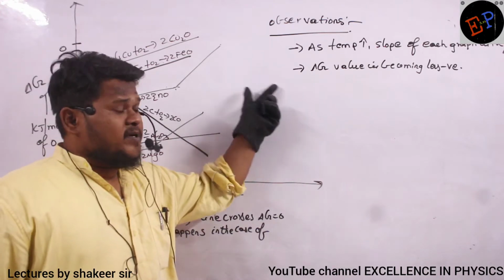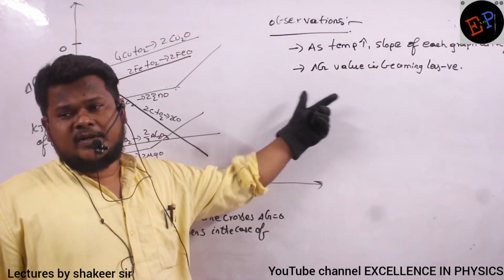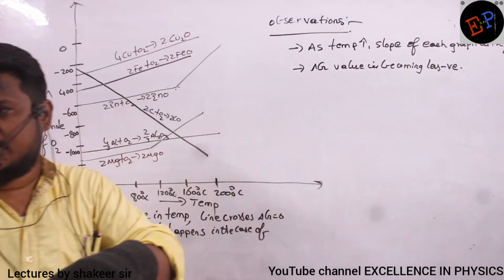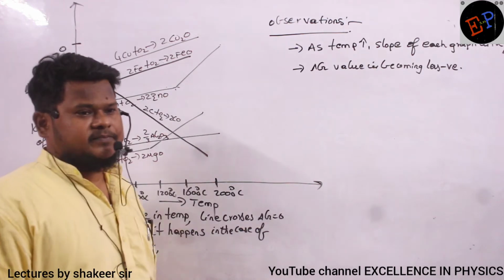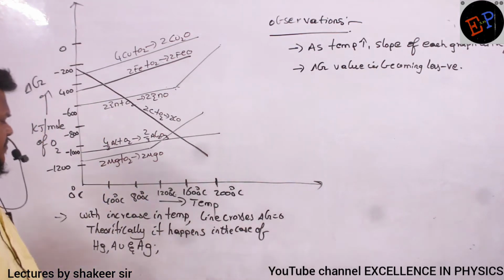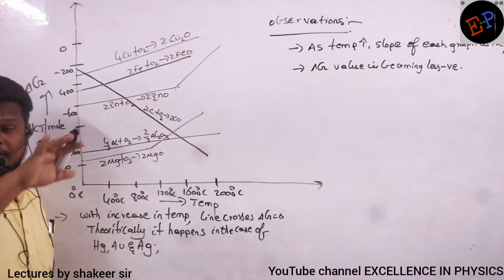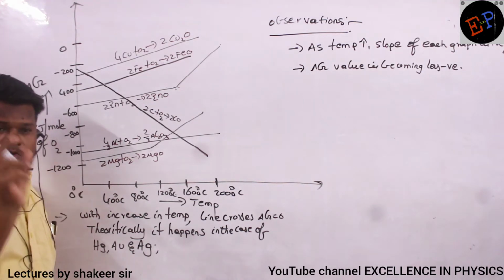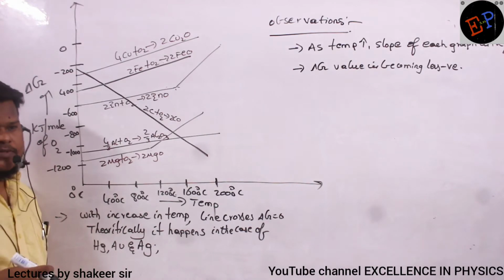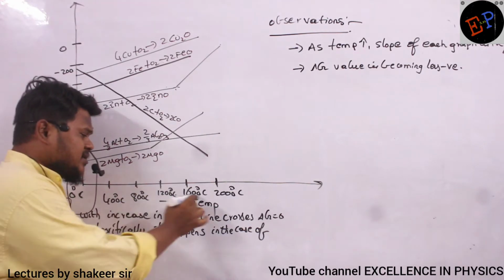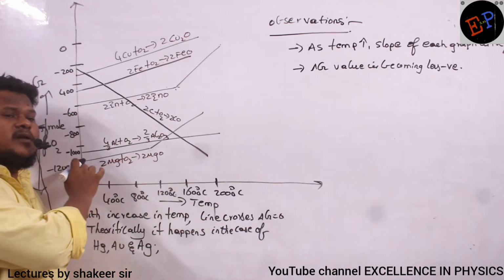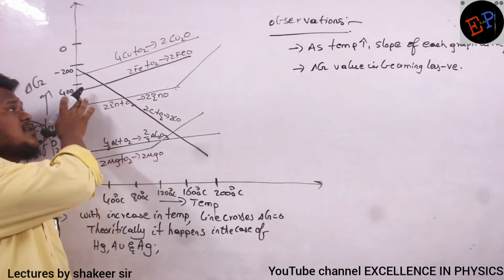It means that the feasibility of this reaction is reducing with respect to temperature. That is the meaning of this, no? If the delta G value is maximum negative, then the reaction is more feasible. This is what we have studied, no? But as temperature is increasing, the delta G value is becoming less and less negative.